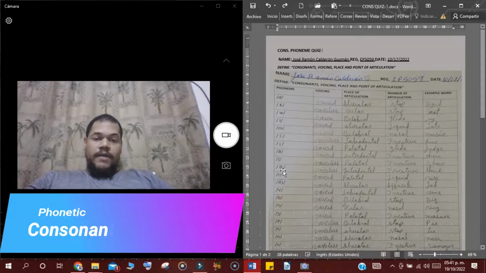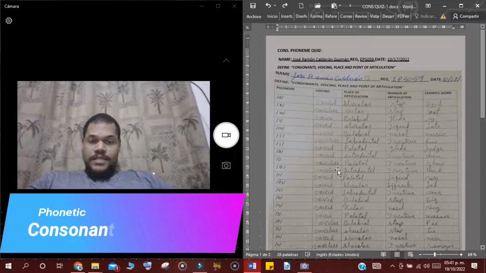Now we got here the th sound that is represented with a symbol that is kind of a zero with a line in the middle. And this one is voiceless, it's interdental.